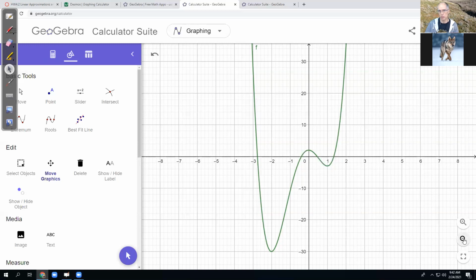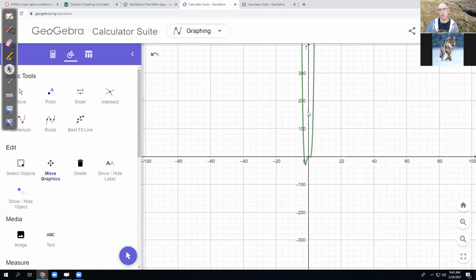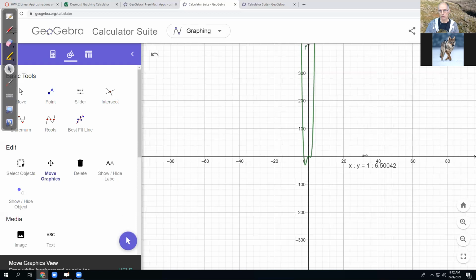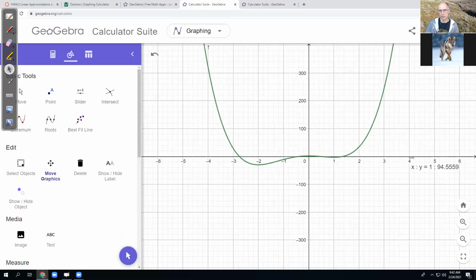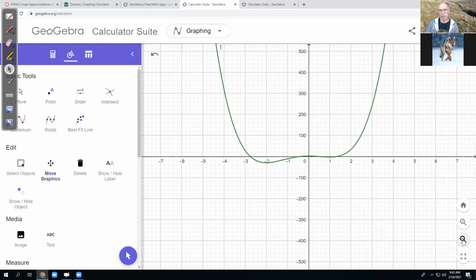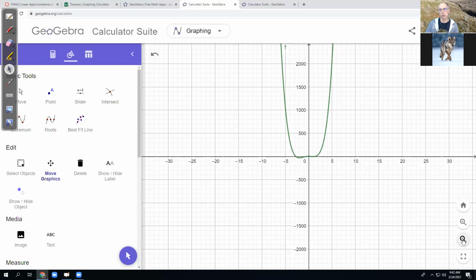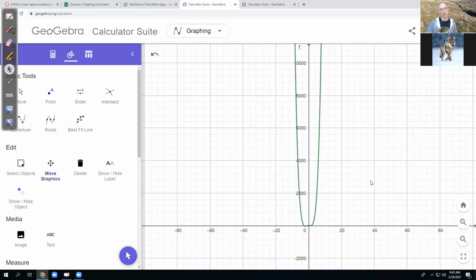We can use our zoom out tool to see that it's just going to keep climbing. I can play around with the scale. When I really zoom out, this looks very parabola-like. So even powered polynomials, where the highest power is even, tend to have this U-type shape when you really zoom out.